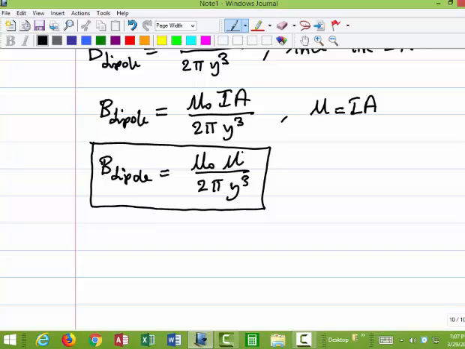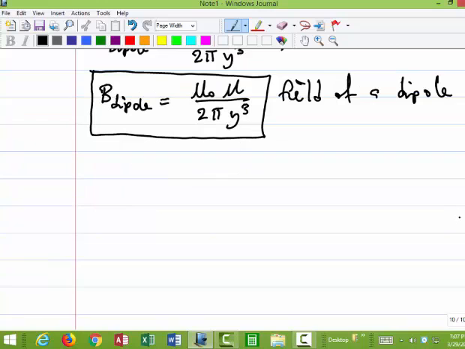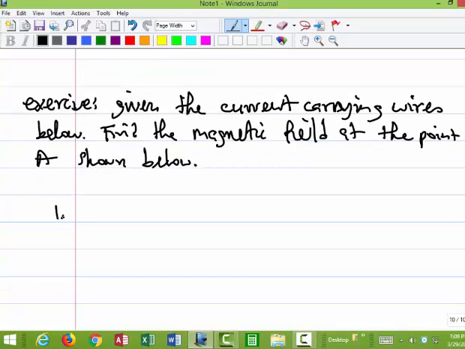So let me see if I can give you an example before we end this. Let me give you an example exercise to try. For the first one, I want you to find the magnetic field at some point here. This is point A. This is for a wire that is into the board here, and a second wire coming out of the board.